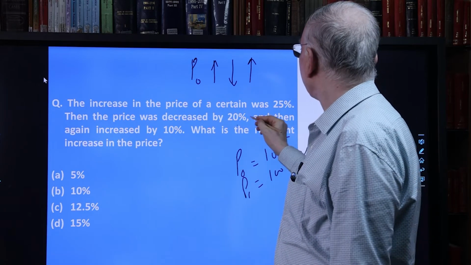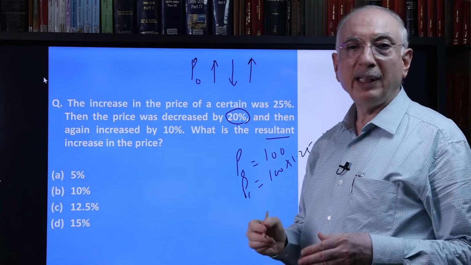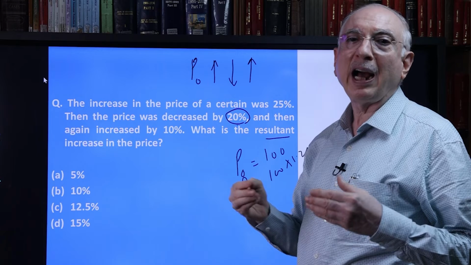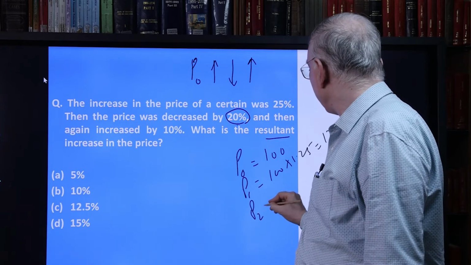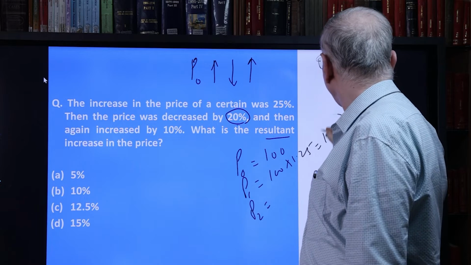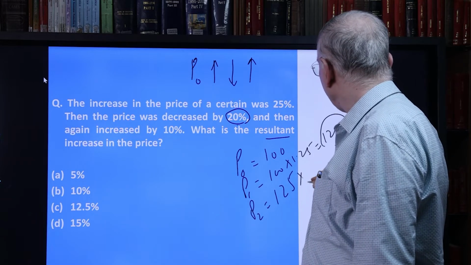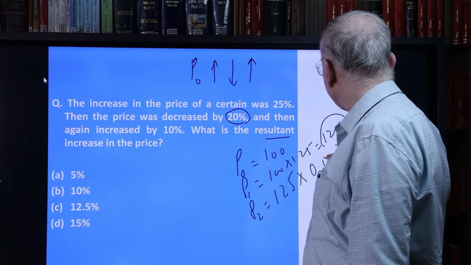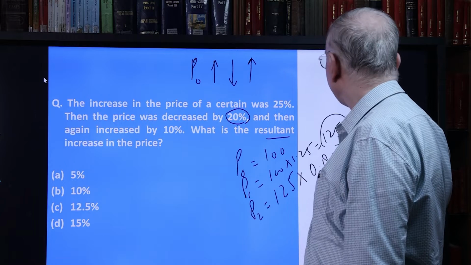Now notice, thereafter the price decreased by 20%, that means it is 80% of that price. So in P2, this was 125, so we have to multiply 125 by 0.8. That means it became 100.